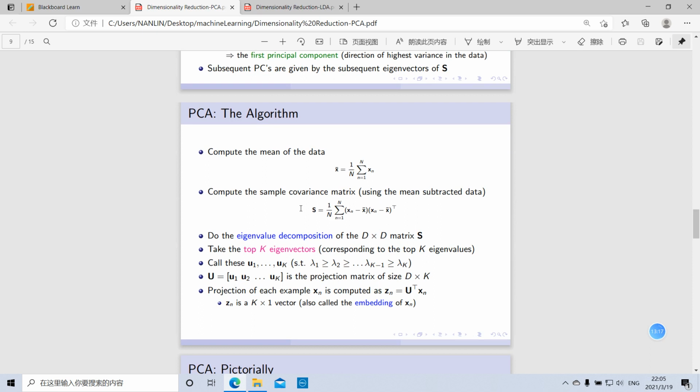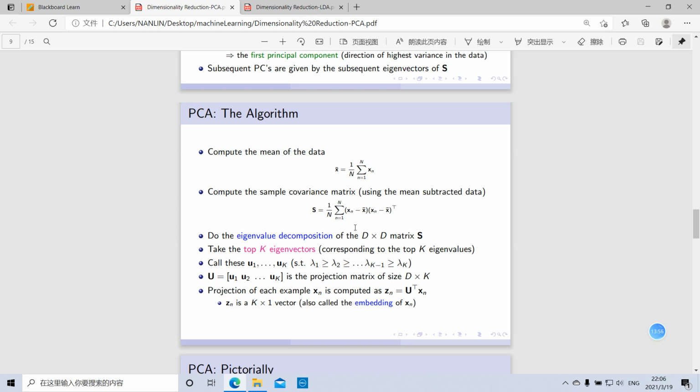Step 1. Calculate the mean of the data, straightforward, and use the previously mentioned covariance matrix to generate S. So we have seen this before. Then decompose the eigenvalues into D times D matrix, and choose the top K eigenvectors, each corresponding to the top K eigenvalues.